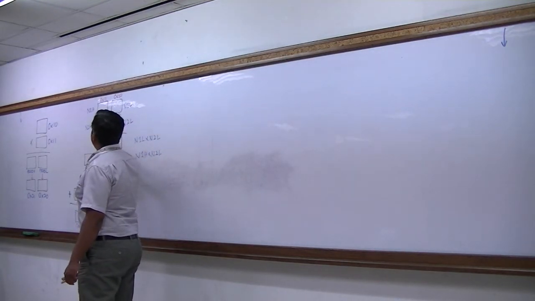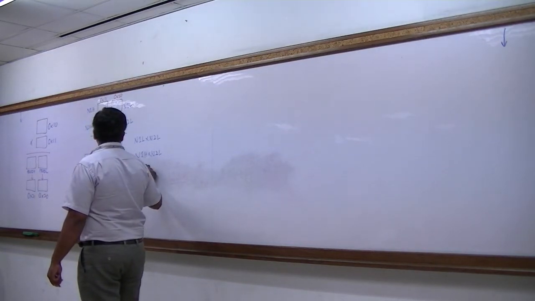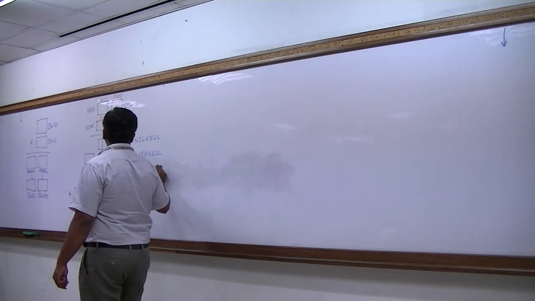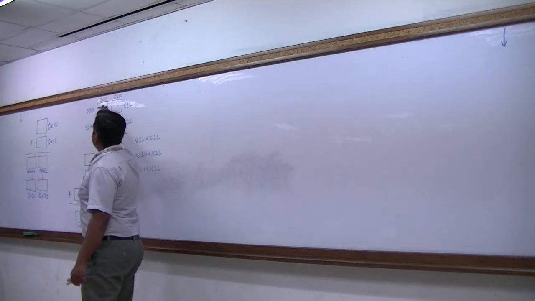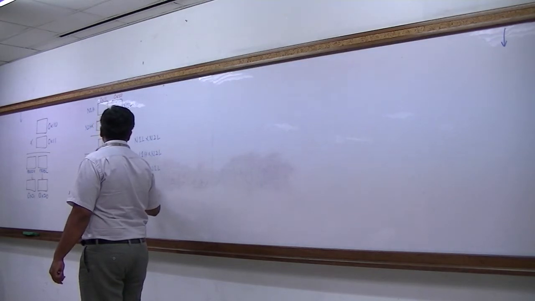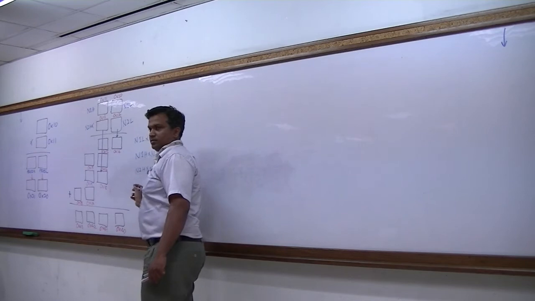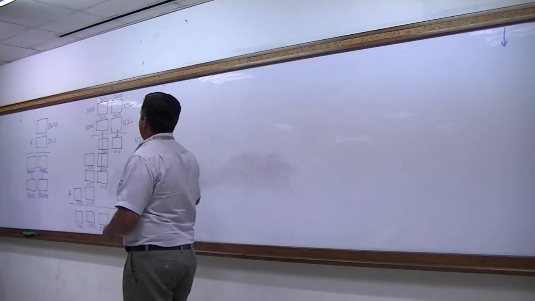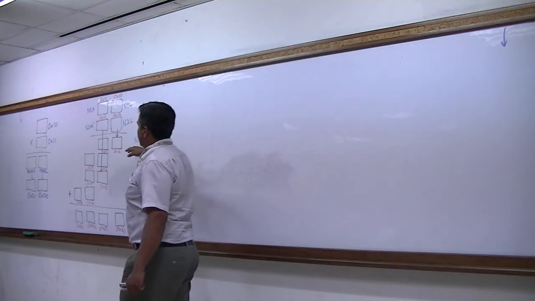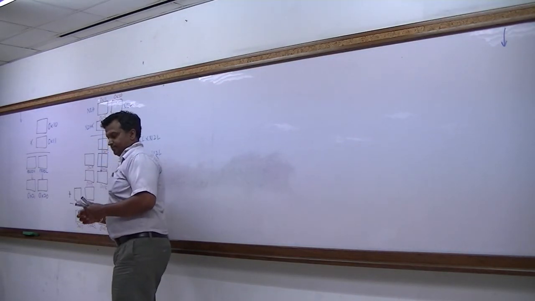And then n2 high multiply n1 low. And then n2 high multiply n1 high. These are the four things, right? So we have to solve one by one to solve this whole thing.